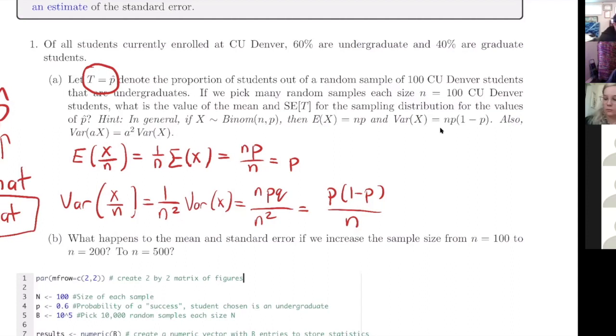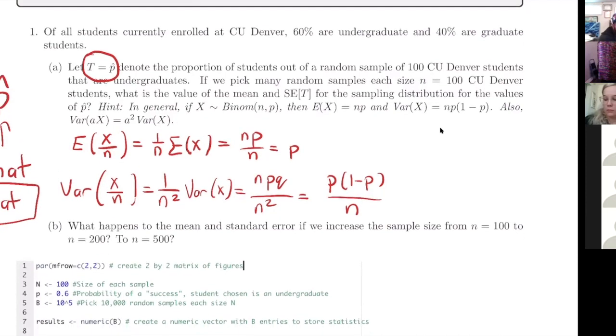The hat means an estimate for the population. And so we can derive formulas for the mean of that distribution. Here p hat, we can think of it this way: if the population is all students at CU Denver, then X would denote the number of students in that sample who are undergrads, and then we divide that by n.